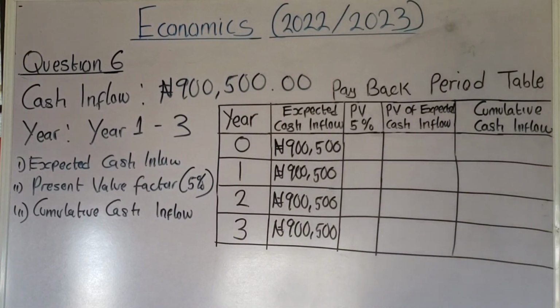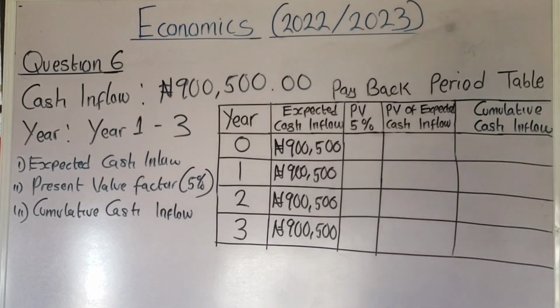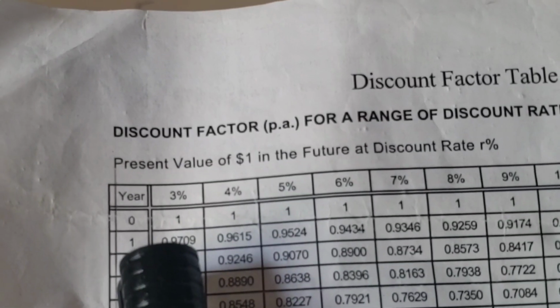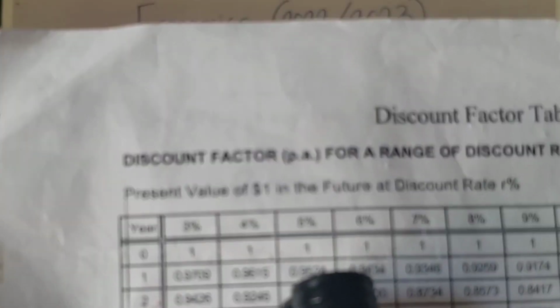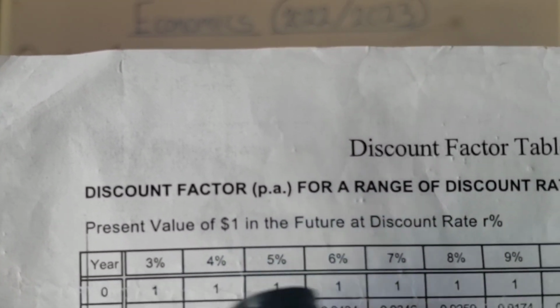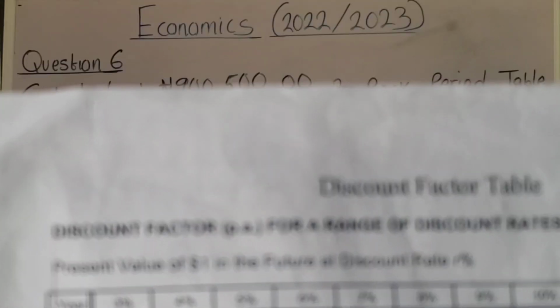You are going to use the discount factor table to determine the present value at 5%. Now, for year 0, pay attention to this table. This discount factor table also has a year 0. You can see at year 0 under 5%, that is 1. I'm teaching you how to use the discount factor table right now.